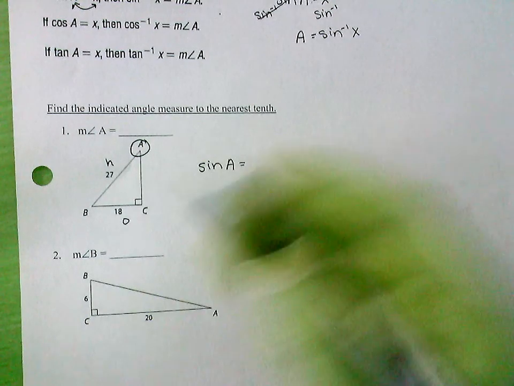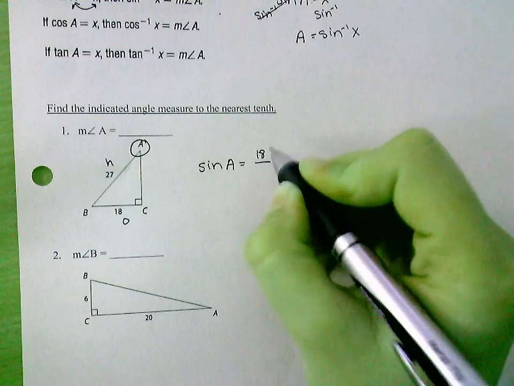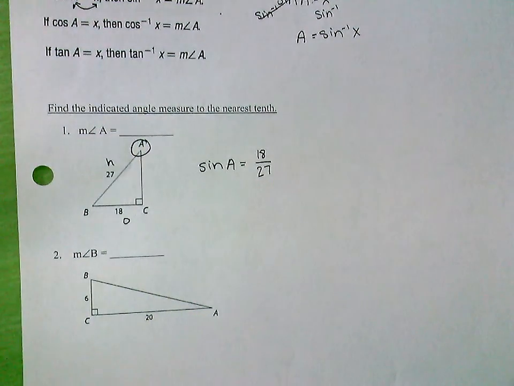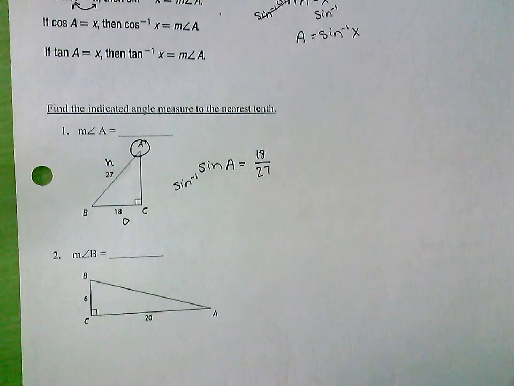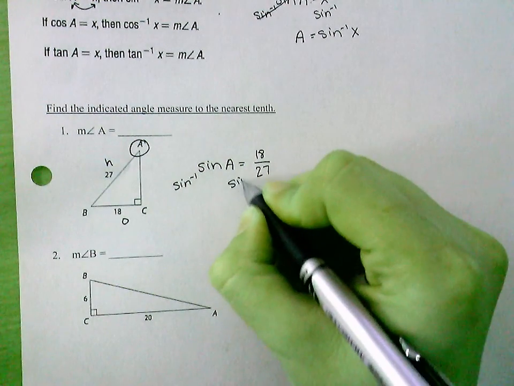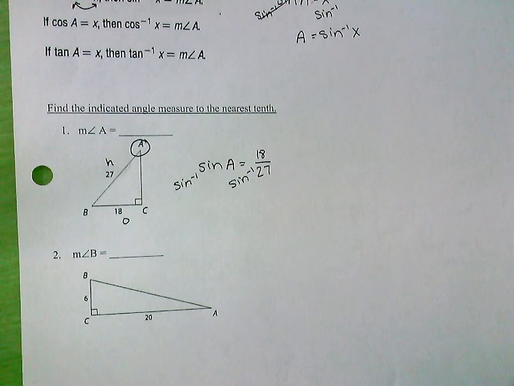So that opposite side, 18, over the hypotenuse, 27. Now I need to solve for that variable A. When I'm solving for an angle, or there's a variable for your angle, you need to bring in the inverse. So we're going to bring in sine inverse on both sides of that equation.